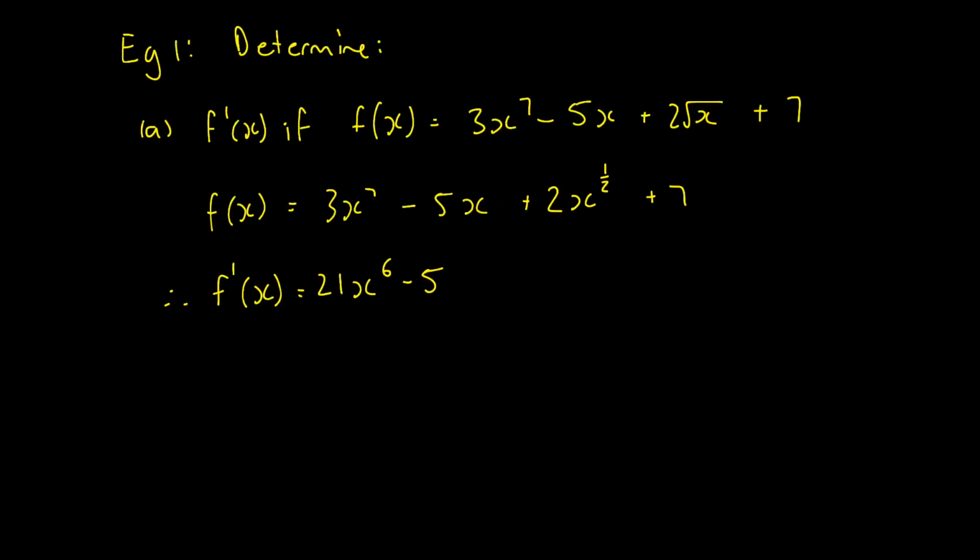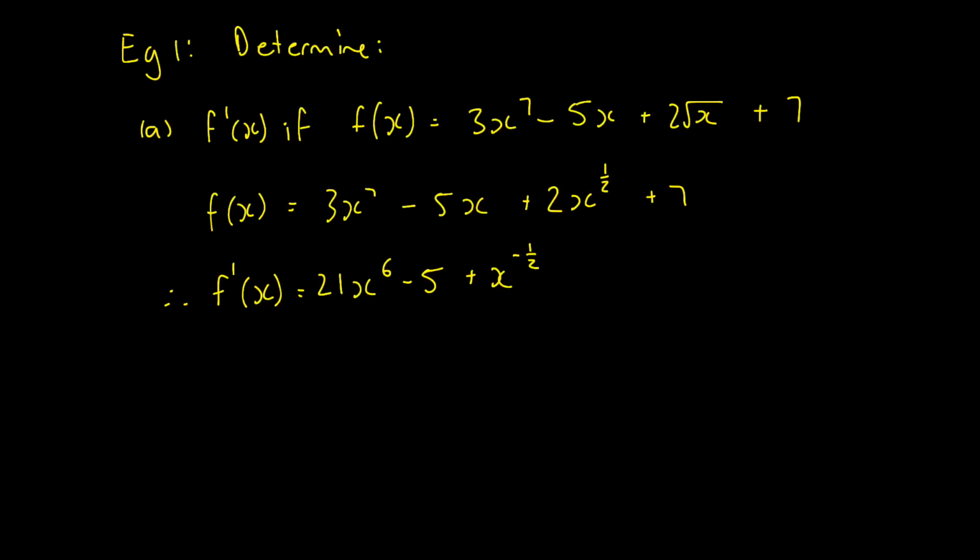Right, for the third term, we're going to take the exponent of a half times 2, which is 1, and subtract 1 from the exponent, so a half minus 1 is negative a half. And the plus 7, remember the derivative of any constant is 0, as I explained to you in the rules.